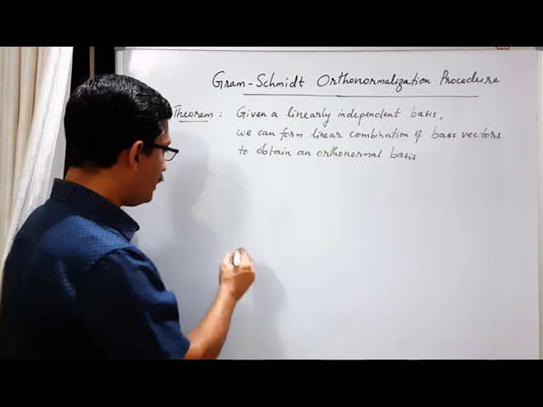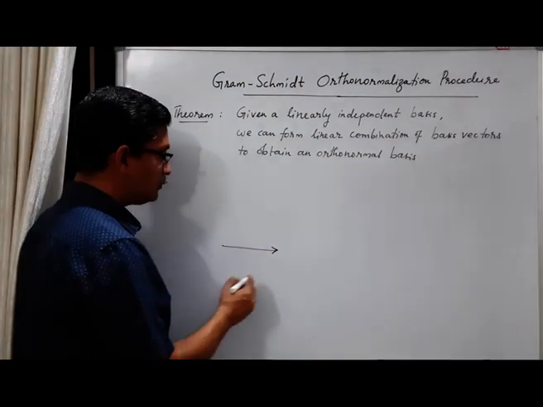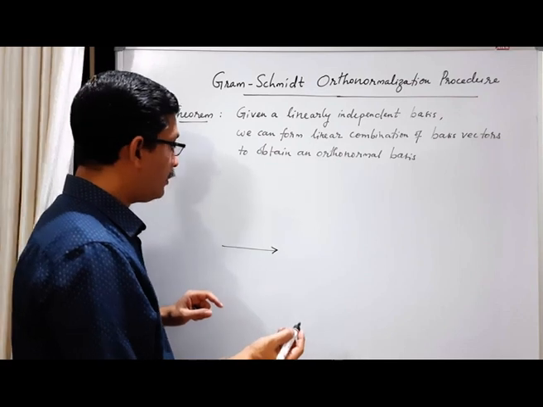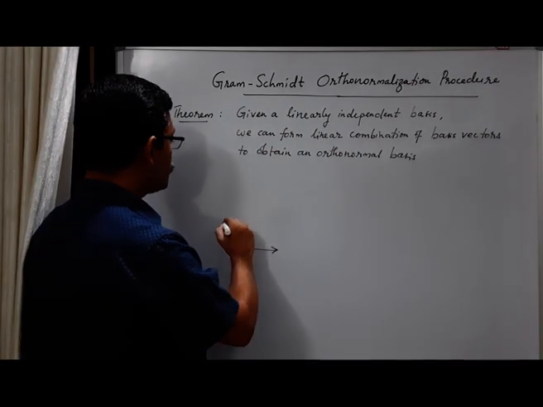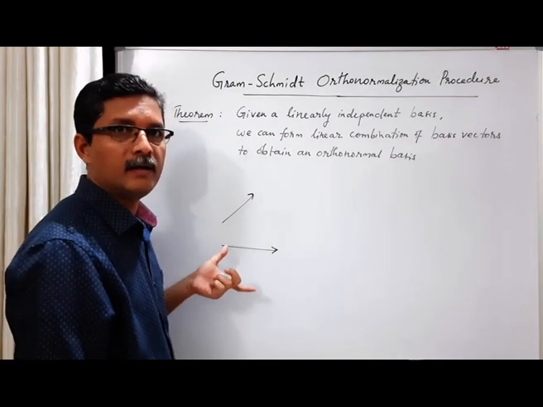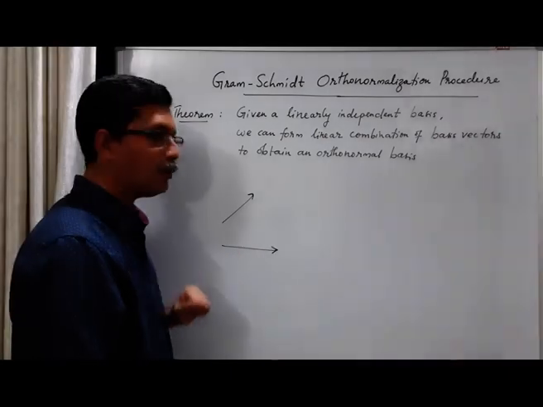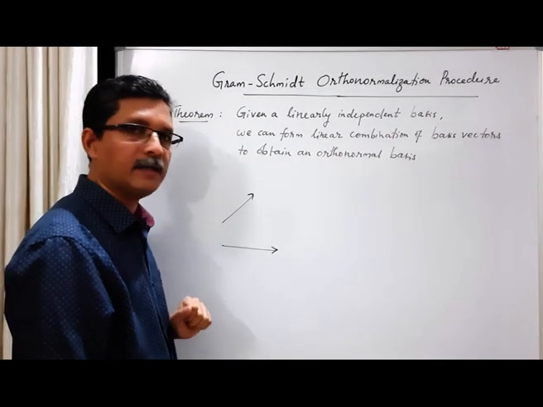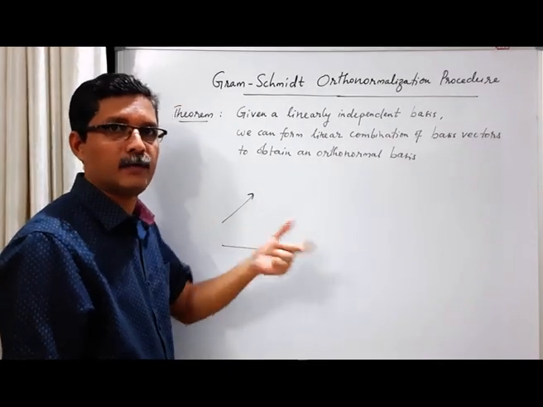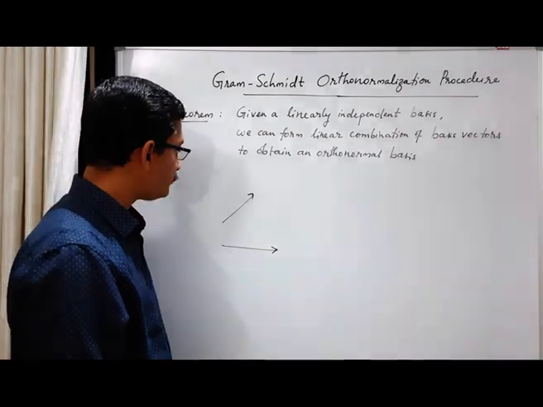If you have two non-parallel vectors on the plane, then they are linearly independent, that we have shown already in the previous class. So I have chosen two non-parallel vectors, they are linearly independent and they can act as a basis for this vector space, this two-dimensional plane.